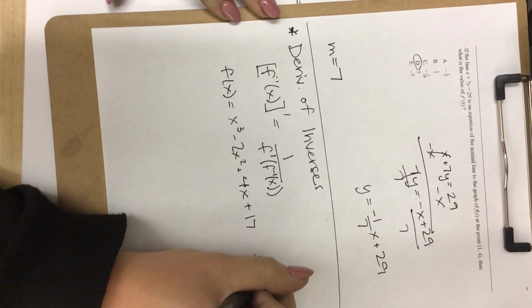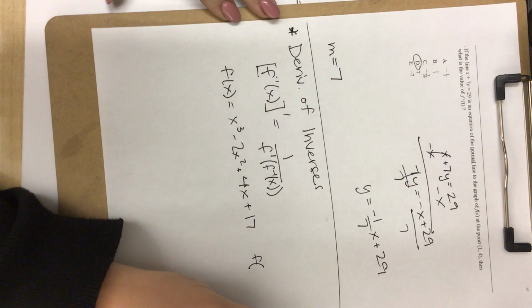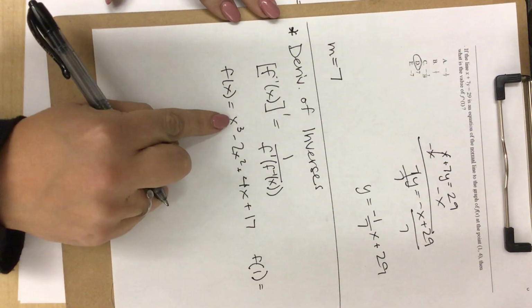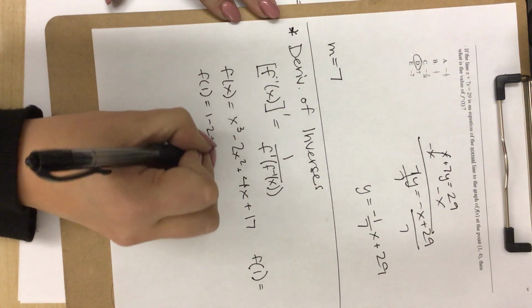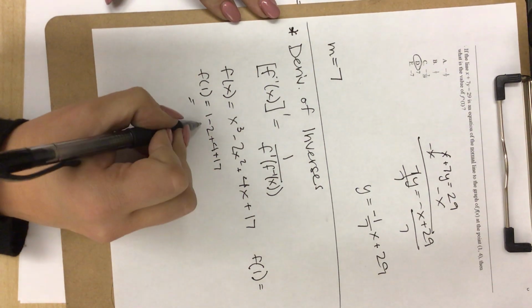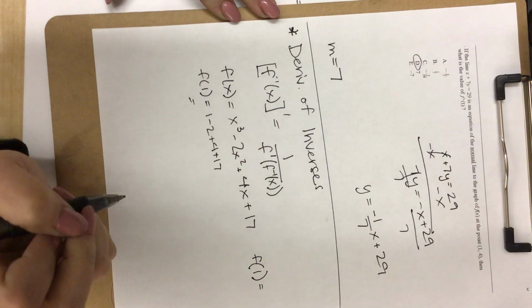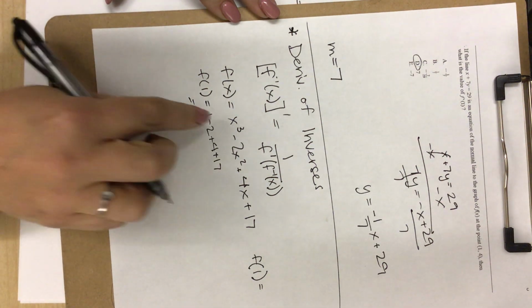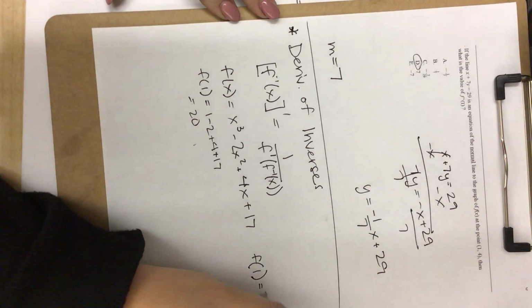F of, let's see, 1 is, 1 minus 2, so f of 1 is 17, 18, 19, 20, 21, 22, subtract the 2, so 20, right? Negative 1 plus 4, that's 3, yeah, 20. All right, so f of 1 is 20.